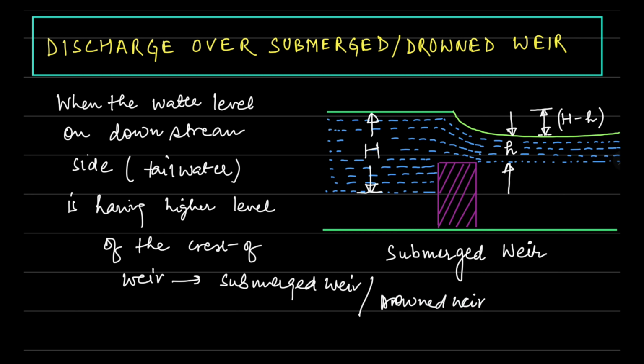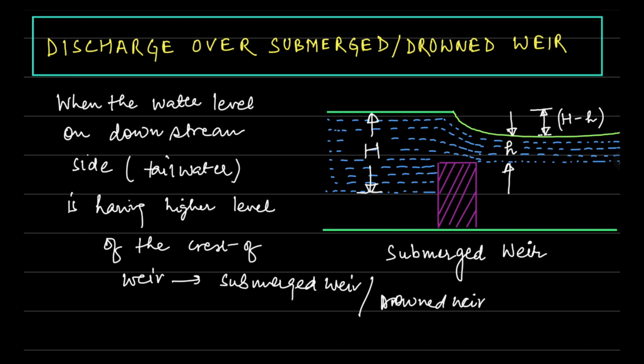In such a situation, if you look at this figure, just after the water passes the weir, the water level goes down by a decrement of capital H minus small h. So the water head available just after the weir is small h.